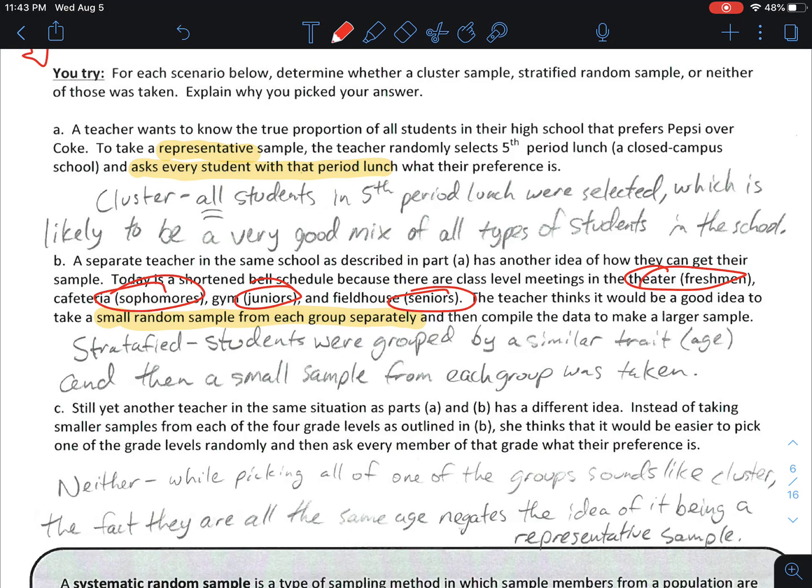So if you said cluster and you said it's a representative sample because based on Coke or Pepsi, they might all have different opinions, I could see that, okay? I could also see, for some odd reason, that in a given year, the vending machine switched out for this class and all of them drink Coke now instead of Pepsi, and there's some reason why this grade level really likes one or the other, okay?